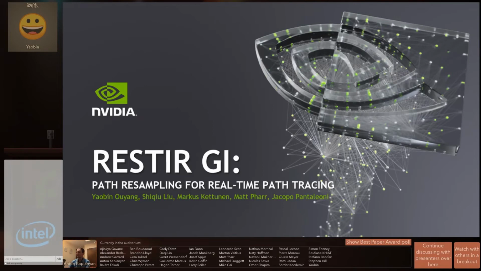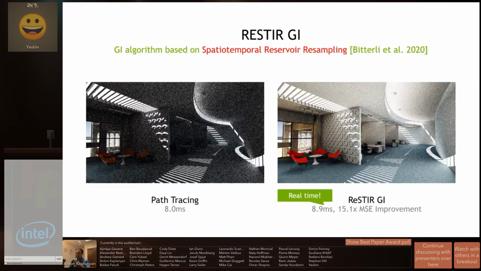Hello everyone, in this talk I'm going to introduce a new type of GI algorithm called ReSTIR GI. ReSTIR GI is a GI algorithm based on spatiotemporal reservoir resampling, which is a technique introduced by Bitterli et al. in their paper on direct lighting. It can handle both diffuse and glossy surfaces.